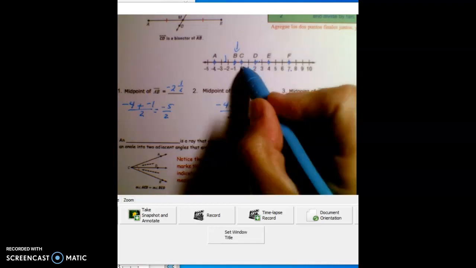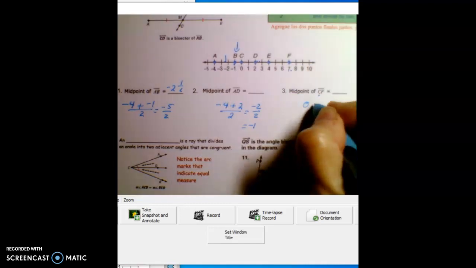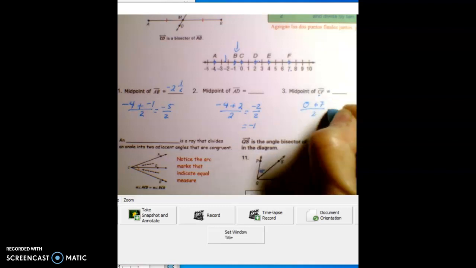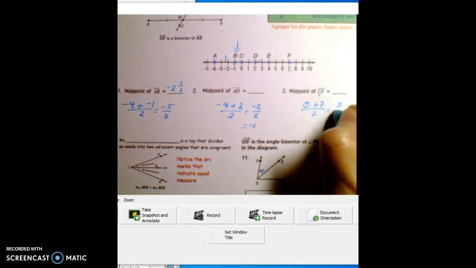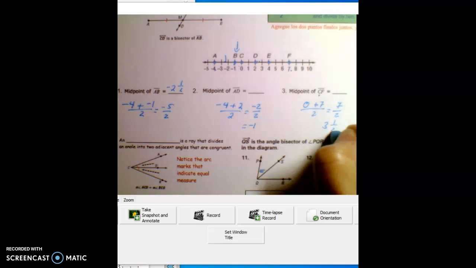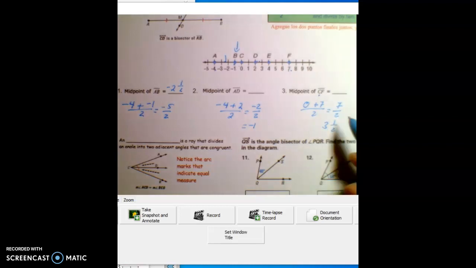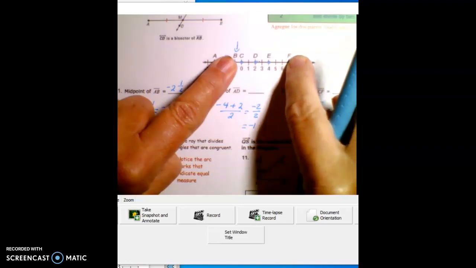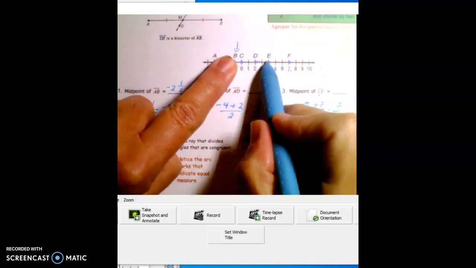CF. C is 0 and F is 7. Add the two together and divide, and I get 7 over 2, which can be reduced to 3.5. Sorry about that. So if I look here between C and F, 3.5 is about the halfway point.